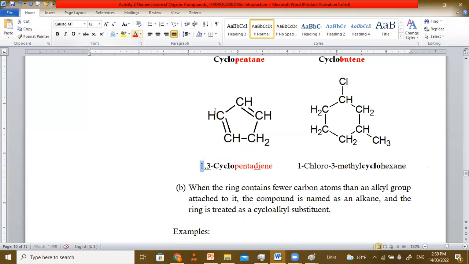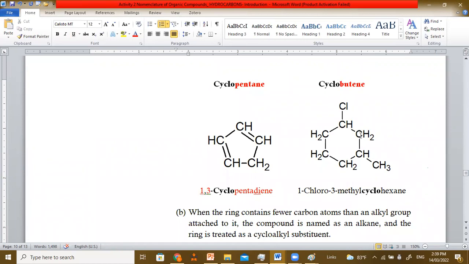Okay, and then you have on carbon 1, 2, 3. On carbon 3, you have another double bond, and that's 3. So that is where your di is located. Diene located.